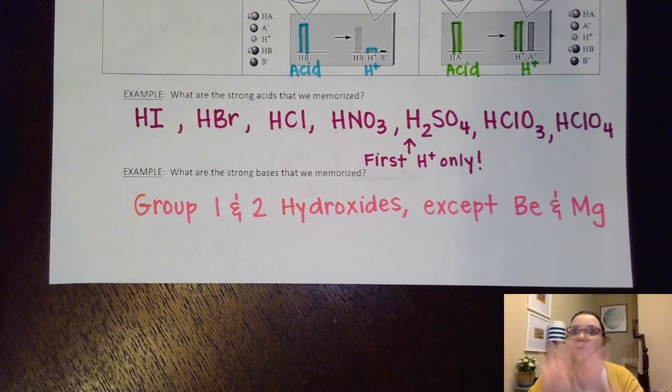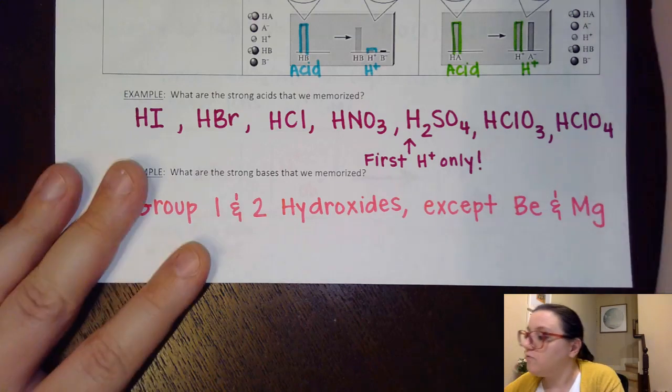So it makes our problem completely different depending on if we have something that's strong versus weak. Now, one last thing that's affected by something being strong or weak is the way I would use it in a net ionic equation. And so what you're going to see on this next page is actually a little bit of review from when we did net ionic equations.